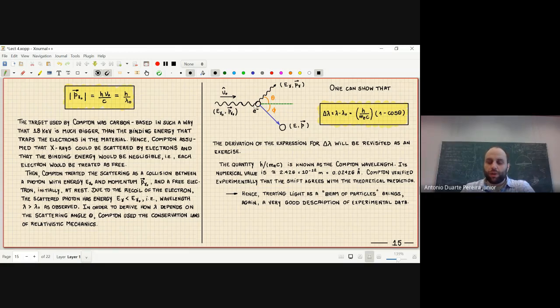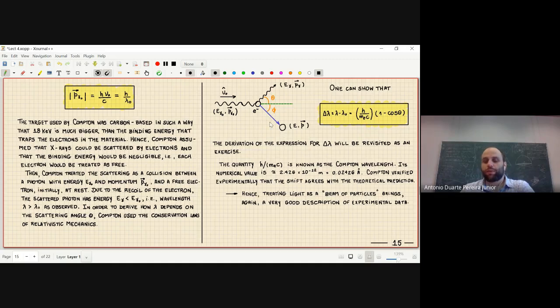So before the collision, the electron was at rest. Therefore, it did not have kinetic energy, so it did not have momentum, okay? After the collision, the photon was scattered in this direction, but also the electron was scattered in this direction. So now the electron carries energy because it is moving.